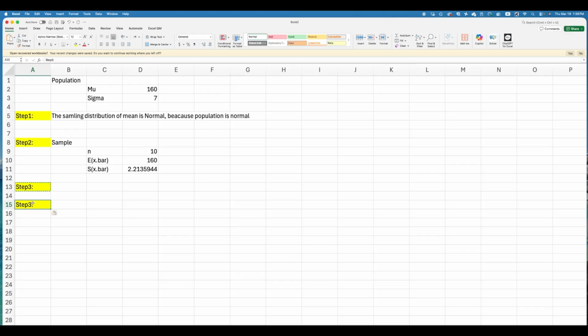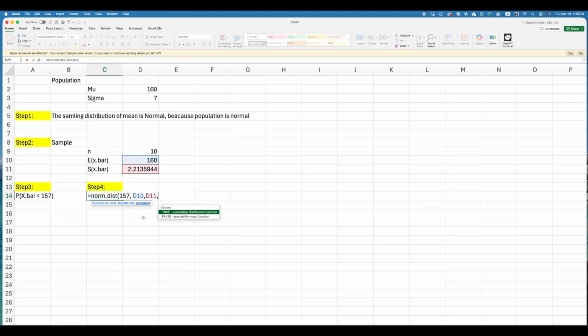So I'm going to put these 2 steps together. The probability that the average height is less than 157 is equal to NORM.DIST, 157, comma, the mean of the sampling distribution, the standard deviation of the sampling distribution, and always TRUE.